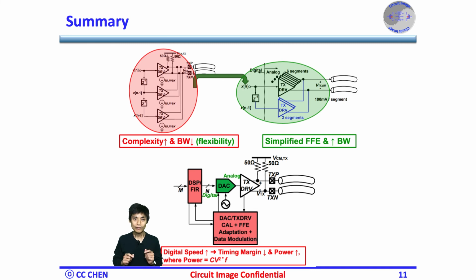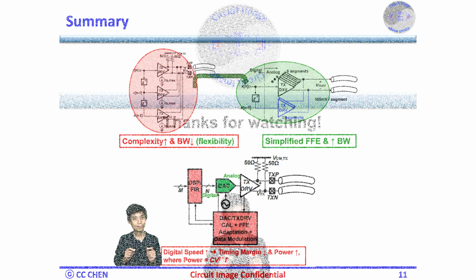Also, the FFE's power and area overhead of the analog-based TX will be much less than that of the DAC-based TX. So, the analog-based TX driver is still widely used in high-speed multi-protocol SerDes under high channel loss.